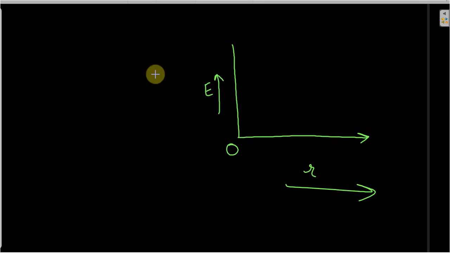So we know inside the conducting shell, the electric field is 0. The distance may increase or decrease, but the electric field will be 0. So in this portion the electric field will be 0 inside, or you can draw a sphere here. Inside it the electric field will be 0. Where will it be maximum? It will be maximum when r is equal to capital R.